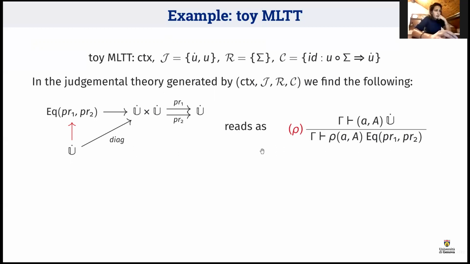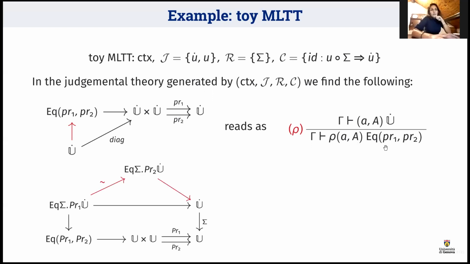This is just basic category theory. But if we read this as a rule, we find that from some small a in context gamma, meaning some small a of kind U dot, we find something in the equalizer of the two projections. And I'll ask you to have a pause on it. And I'll show you another example and explain what this means.